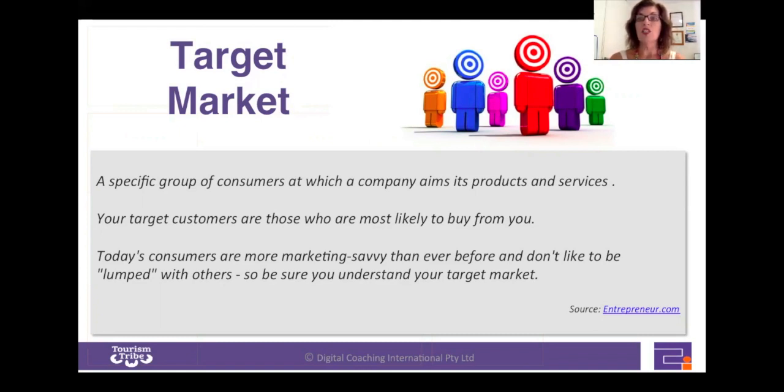Because of the digital age and the incredible abundance of information and choice available to people online, it is really important that the information that you're providing is appealing to one or two at any time of your specific target market people, so that they feel like you're saying, I really understand you, I've got something you really want, I understand the experience and the type of service you're looking for, and I can answer problems for you and help you have a great holiday with us and in our destination.